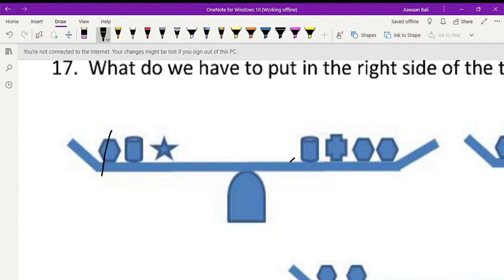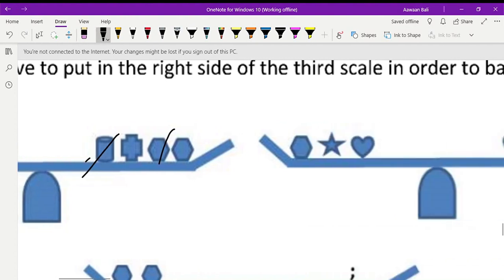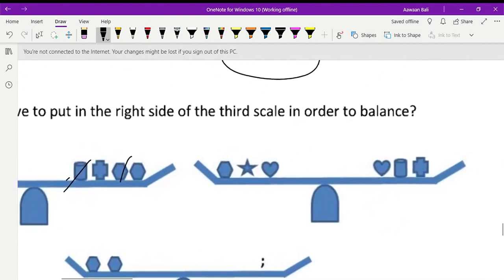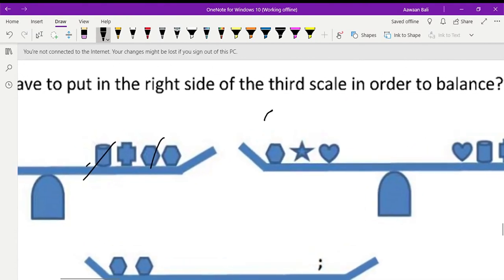We can cancel one hexagon with one hexagon, a cylinder with a cylinder, and that means a star would be equal to a plus sign and a hexagon. So basically we can simplify this into, sorry for the drawing if it looks a bit messy.